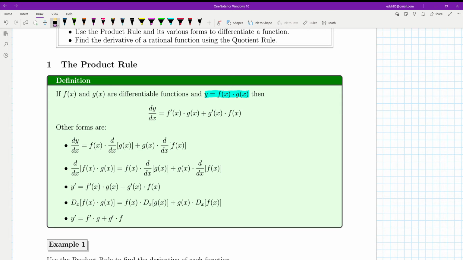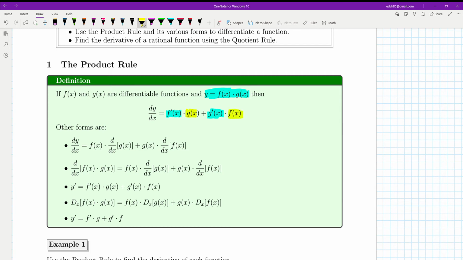So, we're going to have a function like we mentioned before, of the form y equals f of x times g of x. The way we're going to take the derivative of this function y is, number one, take the derivative of f, the first factor of the function, but leave alone the second factor, and then we're going to add the derivative of the second factor times the original first function.